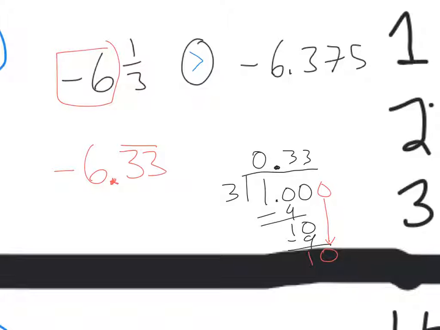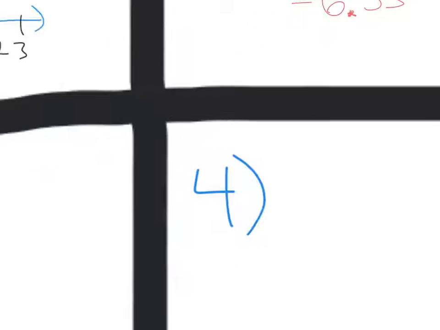Okay, let's go ahead and check out number 3. We have negative 3 over 5 compared to negative 0.6. Once again we need to change one of these into the other form. Let's take the negative 0.6 and change that to a fraction.